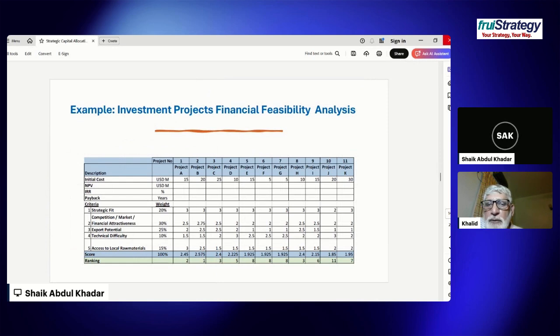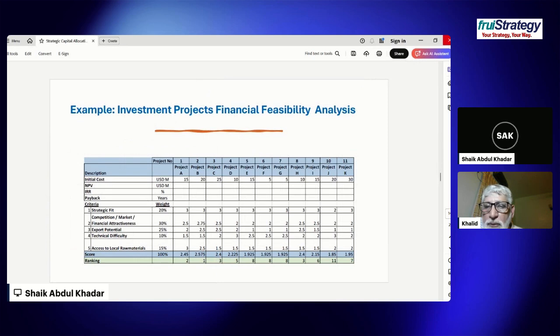Then we looked at the strategic fit scoring, then looked at the competition and markets and our financial attractiveness. And there are different scores here. Look at the export potential, look at the technical difficulty and access to raw materials.